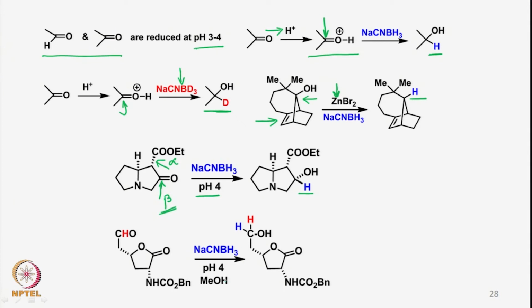So, not only is it reducing at lower pH, but it is also following the same principle of stereoselectivity. In the last example here, the aldehyde is also reduced again at pH 4 in methanol as a solvent. So, one can go all the way. You have a possibility of going via a carbocation, and we have a possibility of protonating the carbonyl groups, and therefore under these conditions the sodium cyanoborohydride, being stable, can allow the reaction to take place.